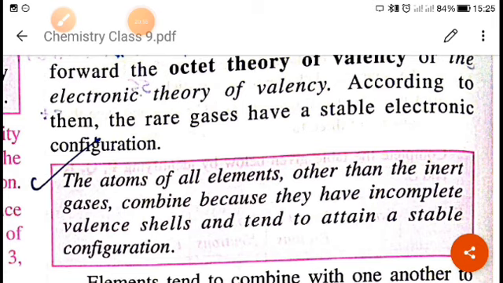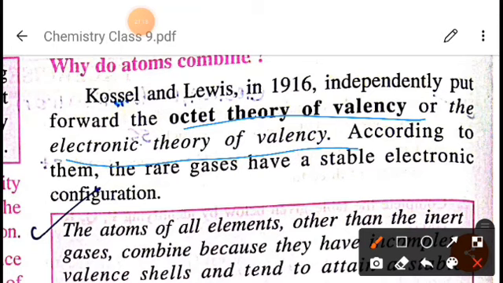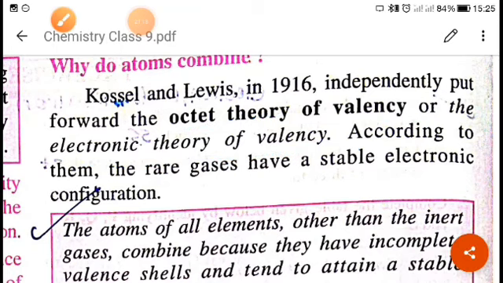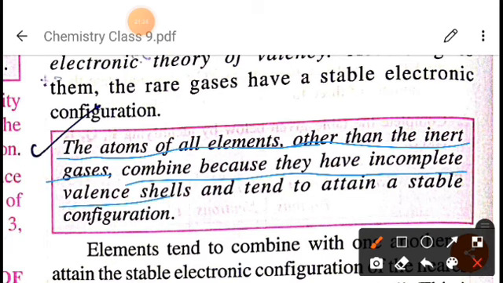According to the octet theory of valency, or electronic theory of valency, what is this theory? It says that the atoms of all elements, except the inert gases, combine because they have an incomplete valence shell and tend to attain a stable configuration.